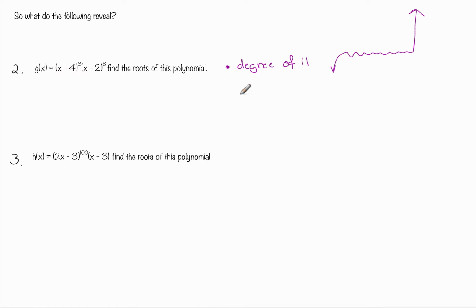Now, if it has a degree of 11, that means it could cross the x-axis 11 possible times. That's the maximum it could cross. We're going to find out that it doesn't always have to. For example, this one right here. See how we have x minus 4 to the third?